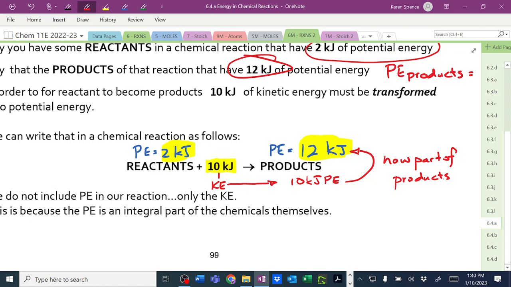So now those products are storing 12 kilojoules of energy. And because we used up kinetic energy, the temperature will get lower.